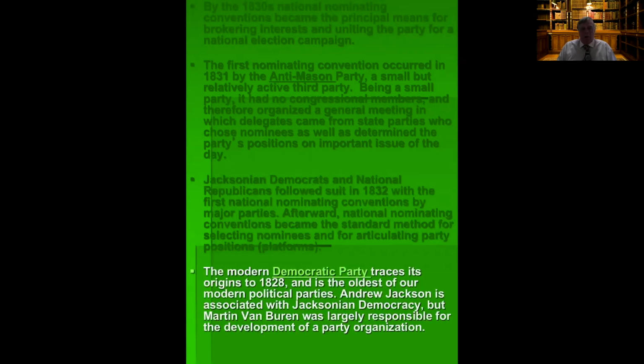The modern Democratic Party traces its origins to 1828 and is the oldest of our modern political parties. Andrew Jackson is associated with Jacksonian democracy, but actually Martin Van Buren was largely responsible for the development of the Democratic Party and the organization of the party.